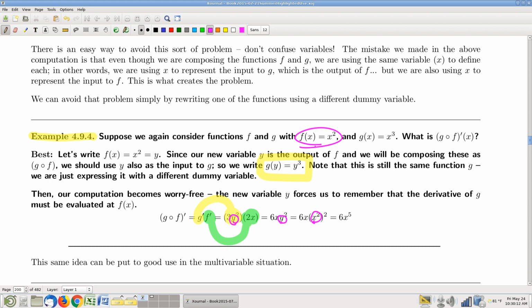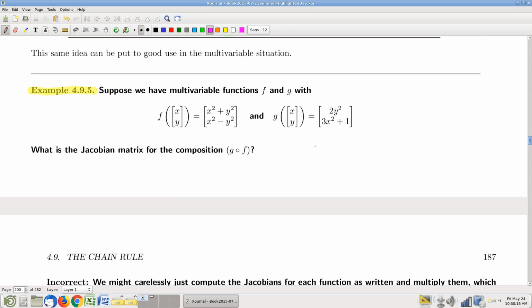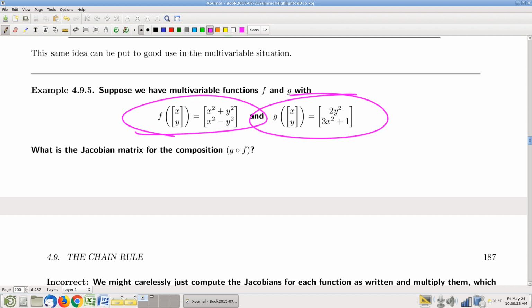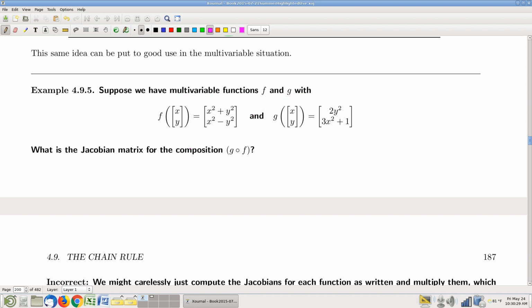Now, that was all Calc 1. Let's take a multivariable version of this. Here's a couple of functions. Nothing wrong with that as a function. Nothing wrong with that as a function. Perfectly reasonable to write these functions like this, right up until the point where I say I want to find the derivative of the composition.